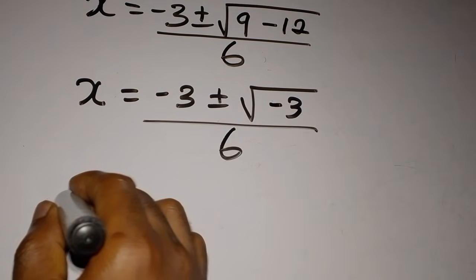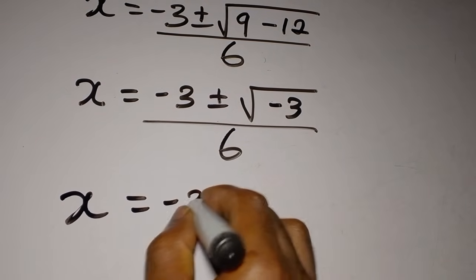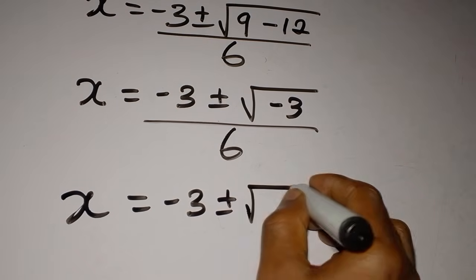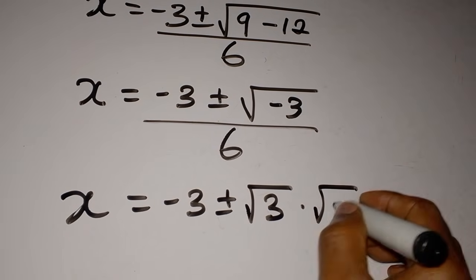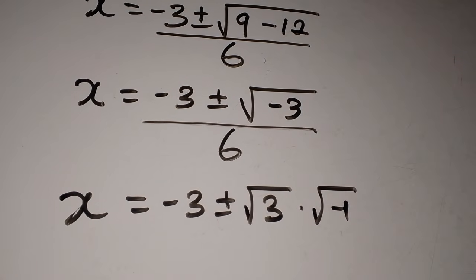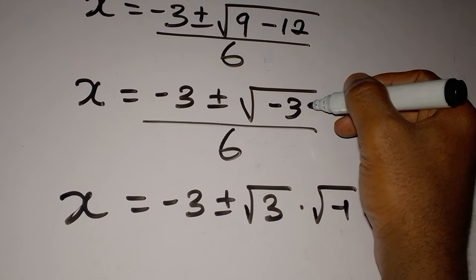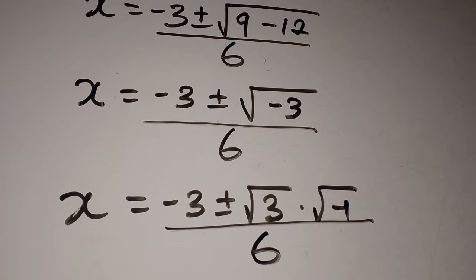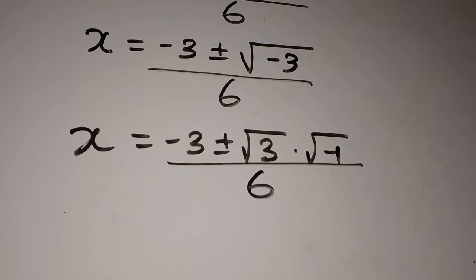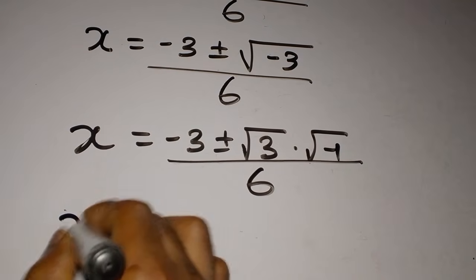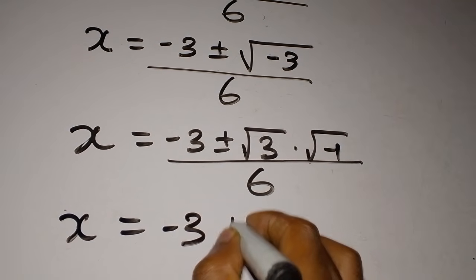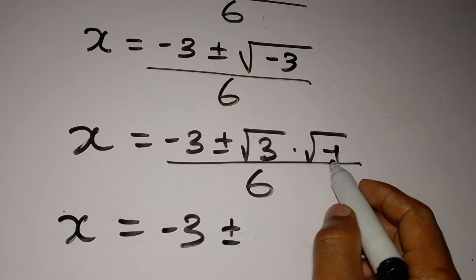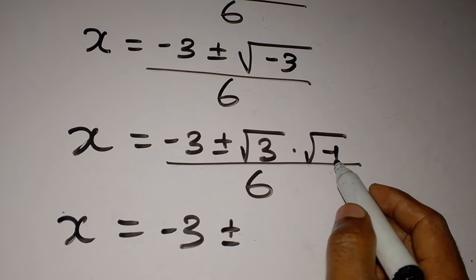Now, here is what we can do. This is the same as x being equal to minus 3 plus or minus the square root of 3 times the square root of negative 1. What I have done is to expand this so that the negative can come out. And if we take a step forward, we will get x equal to minus 3 plus or minus i, since the square root of negative 1 is i, imaginary.